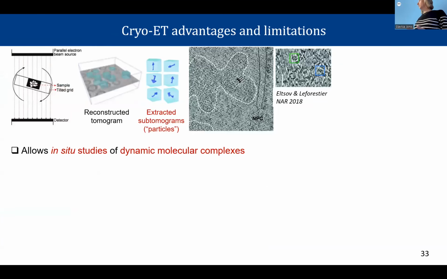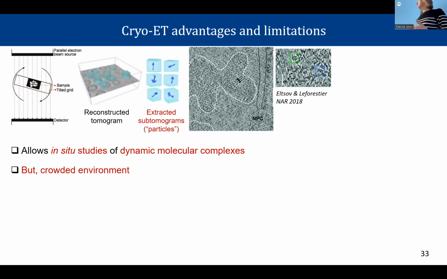But there are a few problems. A cell is great because structural biology really would like to look at the structure and dynamics in the cell directly. But the cell is challenging because it's very crowded.